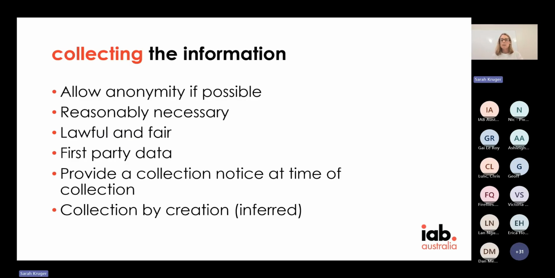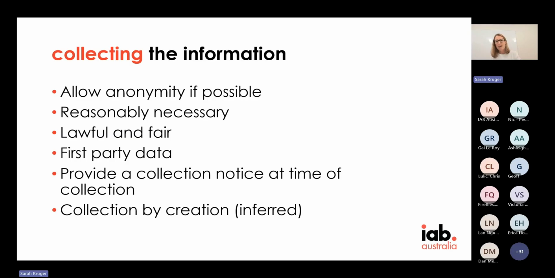The information must be reasonably necessary for your functions. Now, that's a really key thing to remember about your data use. It needs to be reasonably necessary. And again, for those on the policy side, when you're looking at government's proposals to have some reasonable and fair criteria, threshold, some of that already exists here. It needs to be reasonably necessary.